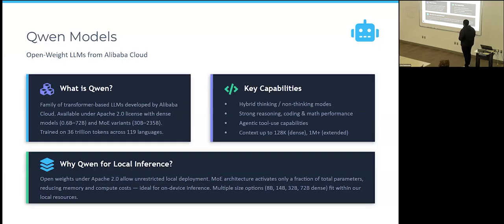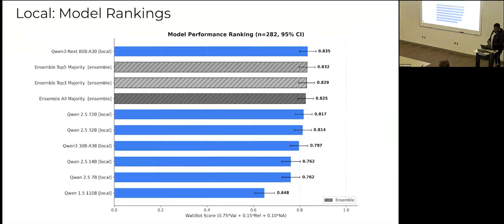There's also the benefit of mixture-of-experts architectures that help in reducing memory and compute costs, which is great for the setup we are looking at here. And there are multiple size options, so you can test across different sizes and see which ones fit your resources.